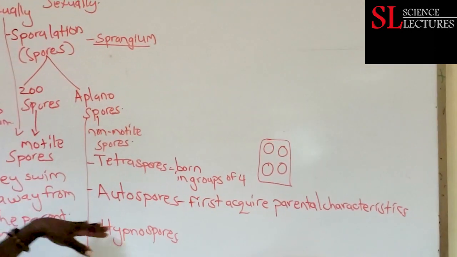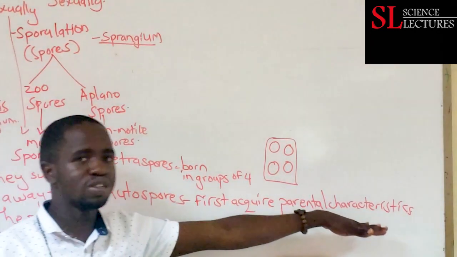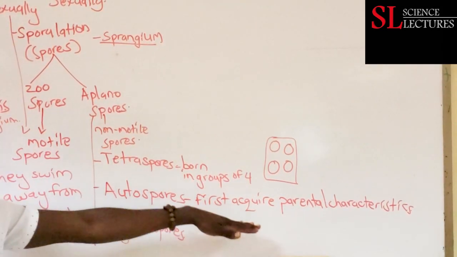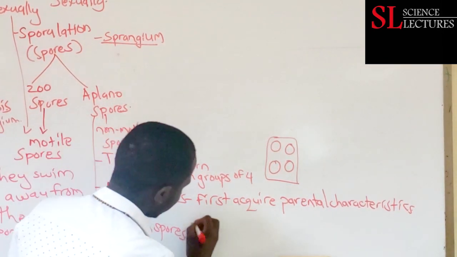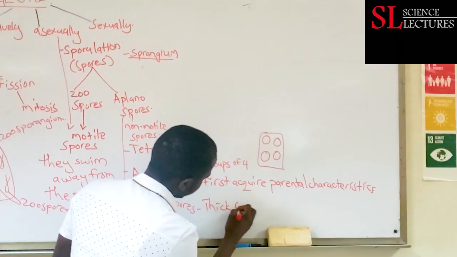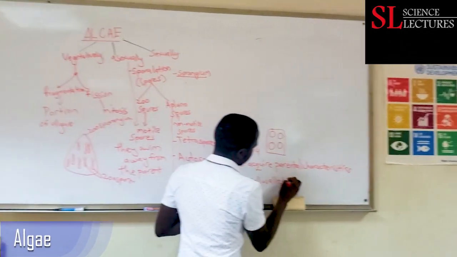Before they leave the parent. So autospores are spores that first acquire parental characteristics before swimming away to form new organisms. Then hypnospores are thick cell-walled spores.